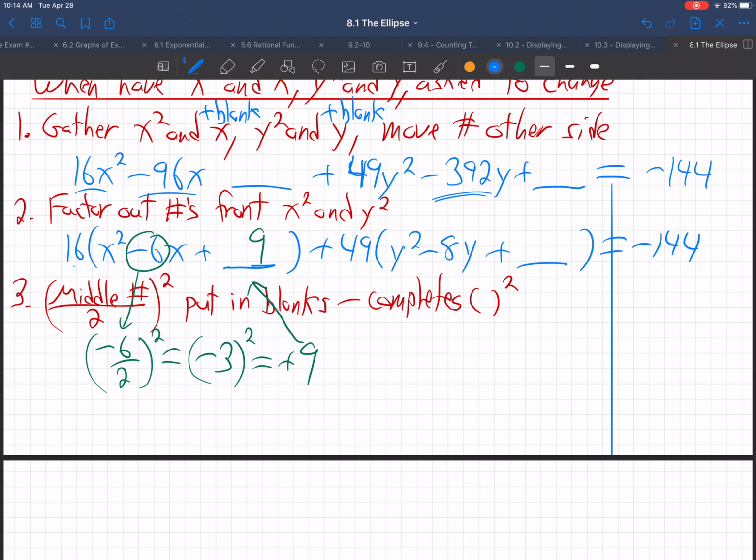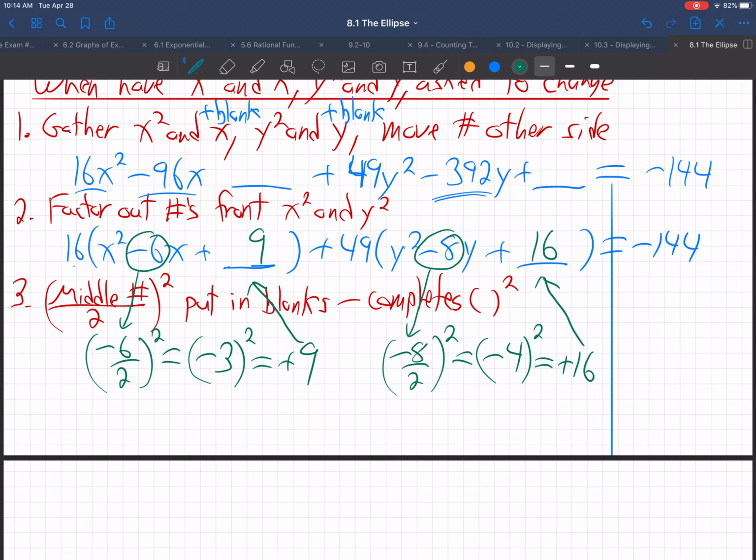And then the other one, same thing, grab the middle number, put it over 2 squared. This finds the right number to make it factor as a square. Plus 16 or just 16, that's what goes in the blank. That's how you find those numbers in the blank.